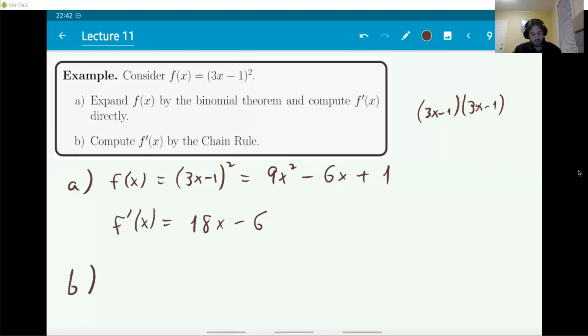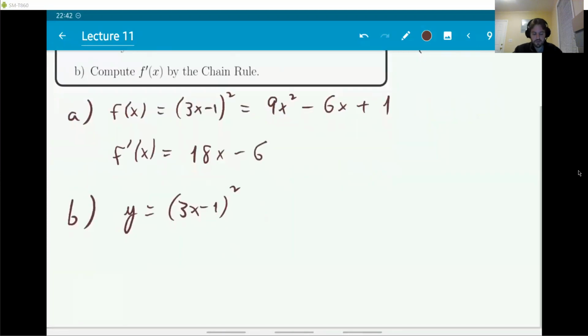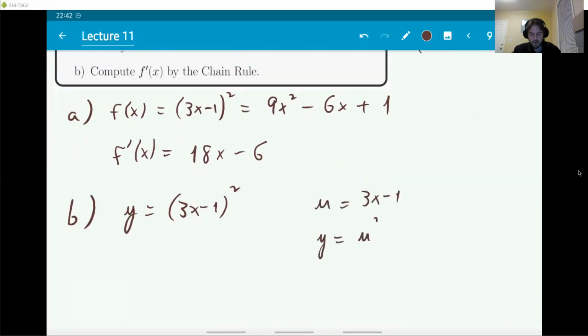Now B is saying compute f prime by the chain rule. Instead of doing this, they want us to look at the original expression, 3x minus 1 squared, and apply the chain rule to this. You'll notice that there is an inner function, 3x minus 1, and an outer function, the square of that inner function. So du dx is 3. dy du is 2 times u, derivative of u squared.